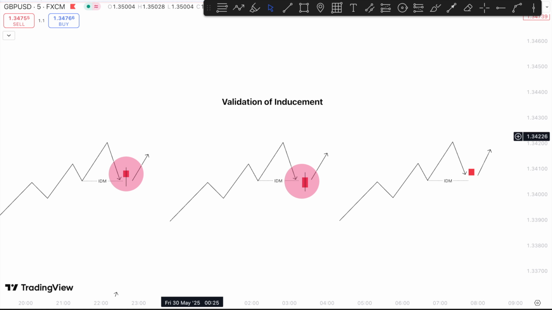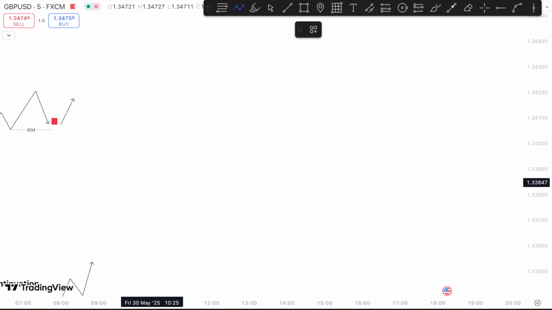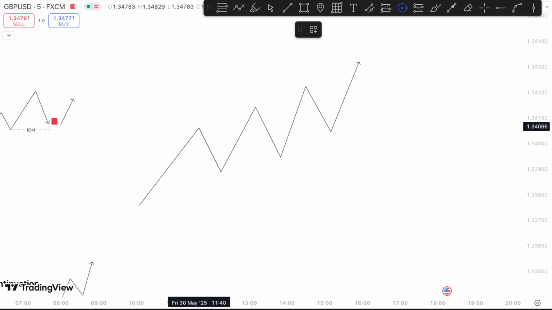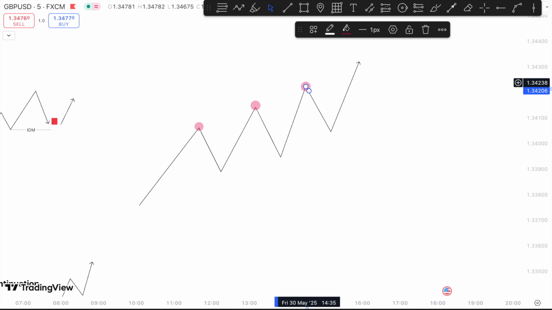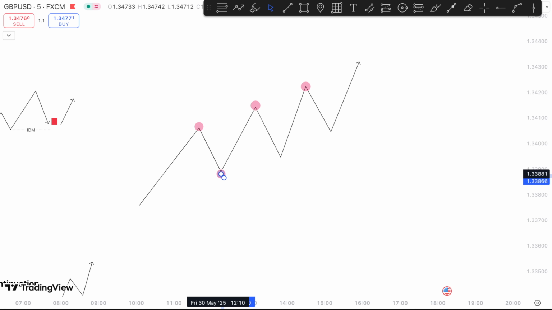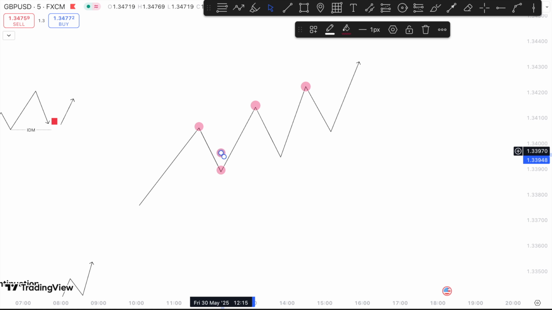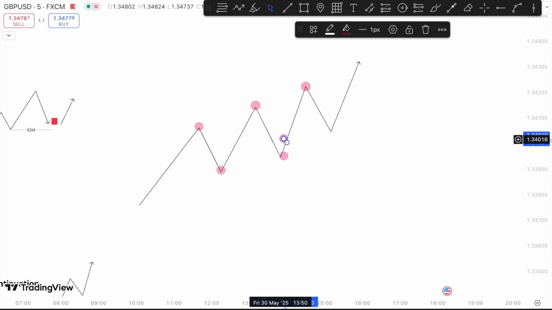When a structure is formed, suppose the market is moving in an uptrend. First of all, you would mark this as your new higher high, and then you would mark this as a lower low, this as a lower low, and also this as a lower low, right?